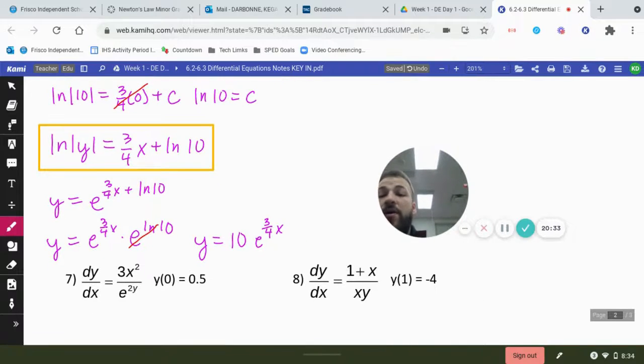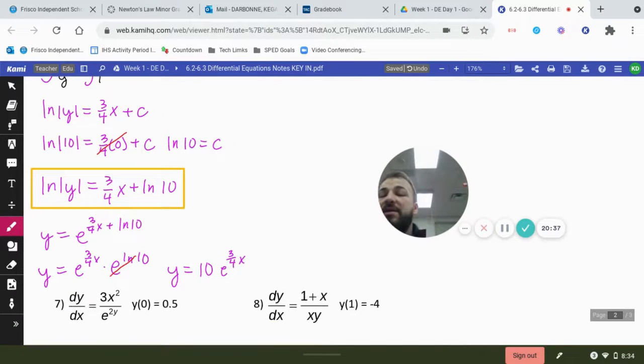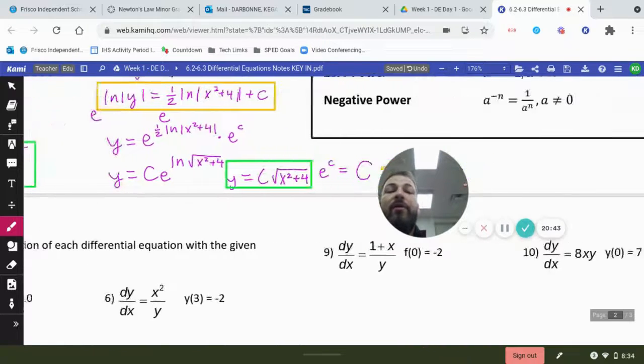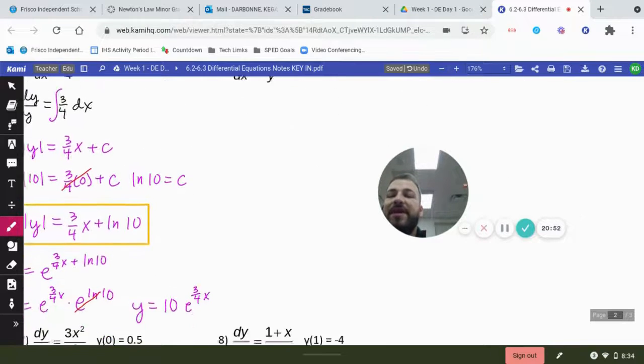So notice how, for our final answer in this one, our constant, our c value essentially, became just this big constant number multiplied in front. That's why over here, we just say e to the c is equal to big C, because if we're getting that e to the c result, then we know we're going to have the same thing happen every time.